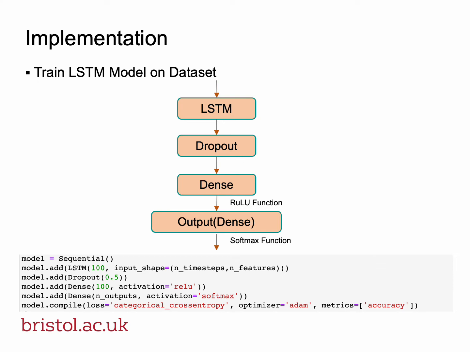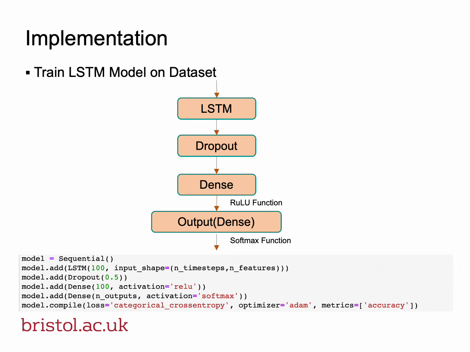Two hidden layers are added after the LSTM layer. One is the dropout layer, which is to reduce overfitting, and the other one is a fully connected layer, and the ReLU function was chosen as the activation function for this layer. Finally, a fully connected layer is used as the output layer.